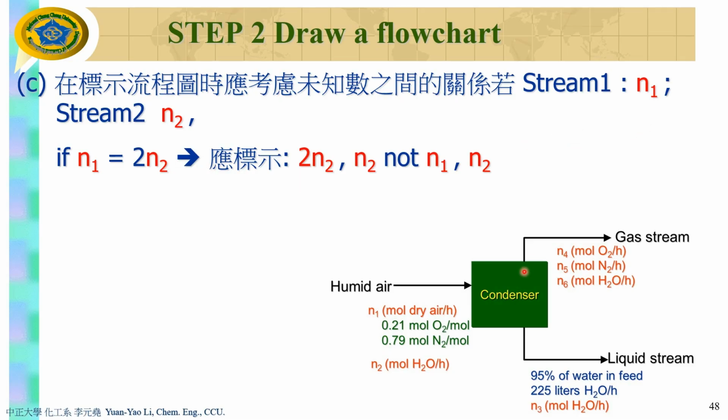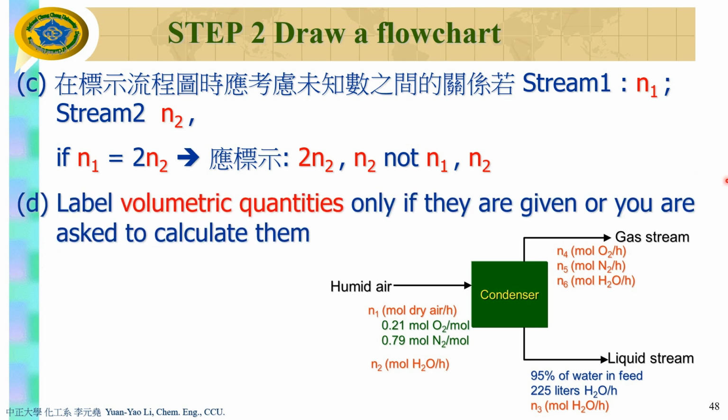If you have N1 and N2, and the description tells you N1 equals 2N2, you just remove N1, so you have 2N2 and N2, that's it.